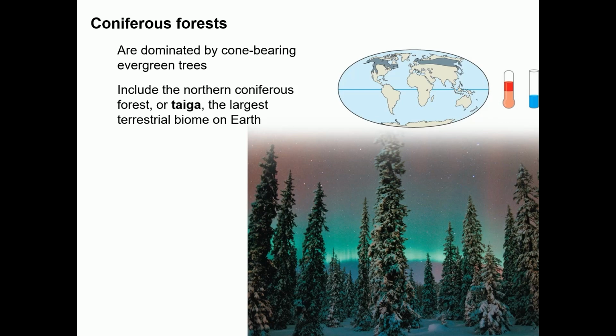Up here on this map, you can see where the largest cone-bearing forests are in the world. You can see up here in Canada, we have large tracts of boreal forest, and up here in the taiga in Russia, we have these large cone-bearing forests. And obviously we have pine trees in other locations.